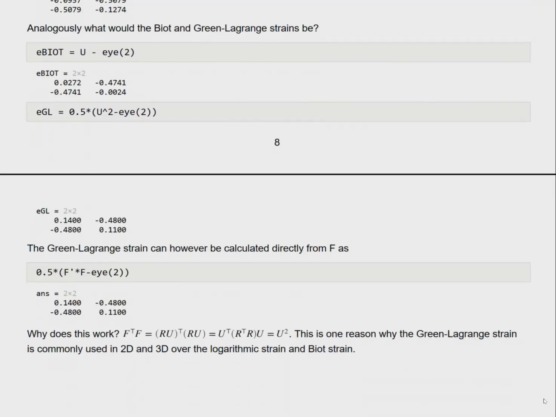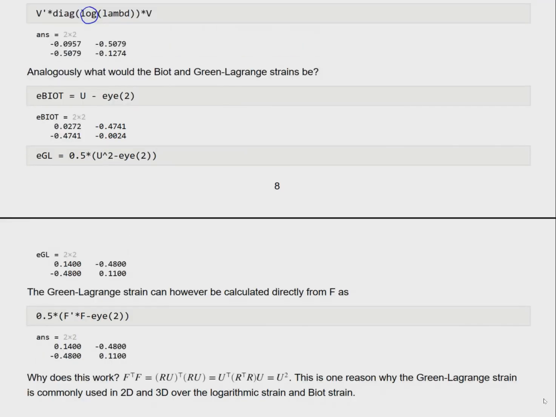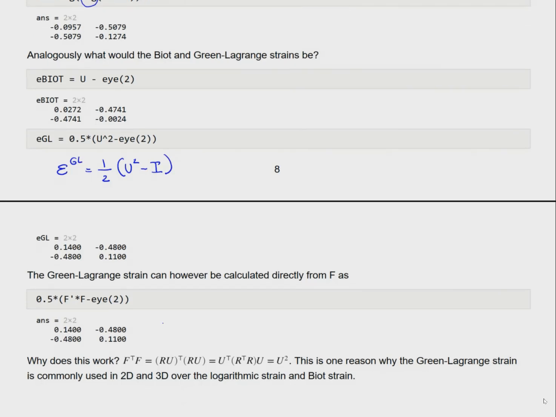Now, we see here that a nice thing about the Green-Lagrange strain is that it can be calculated without actually doing the polar decomposition. So here we've defined epsilon GL as 1/2 of U squared minus I, whereas here we're computing it as epsilon GL equals 1/2 F transposed F minus the identity.